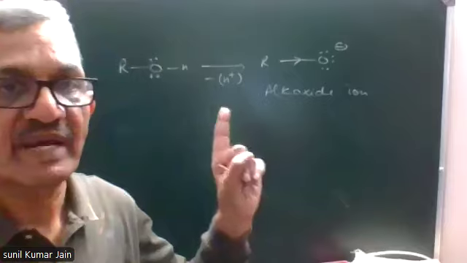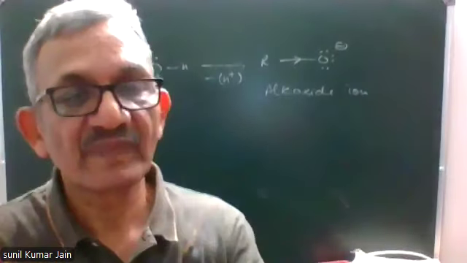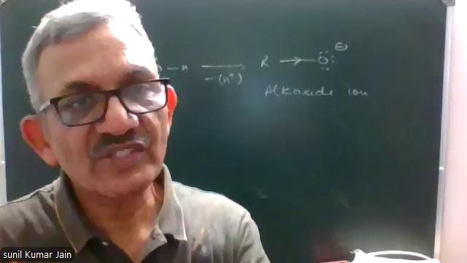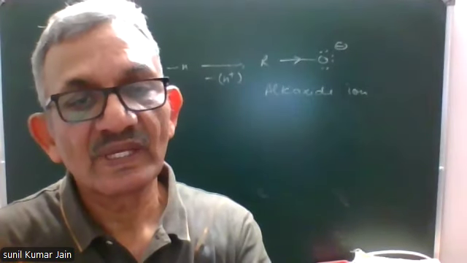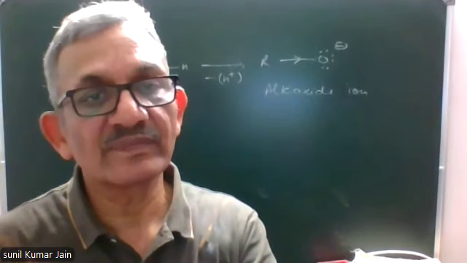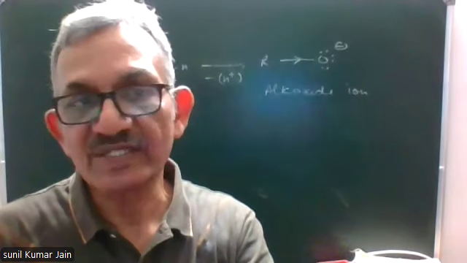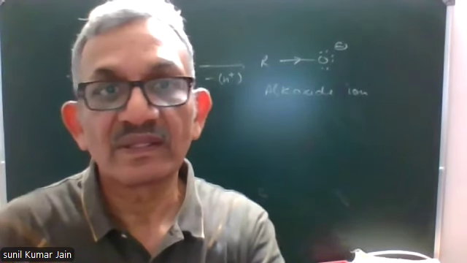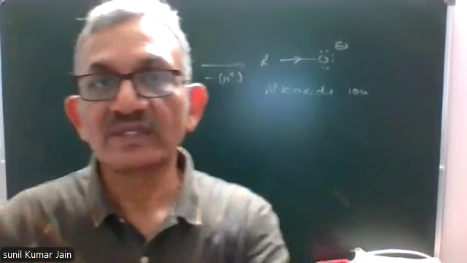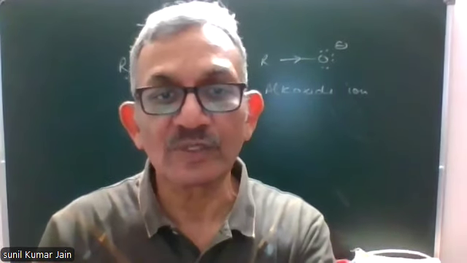So this is destabilized due to plus I effect. That is why alcohols are weak acids.